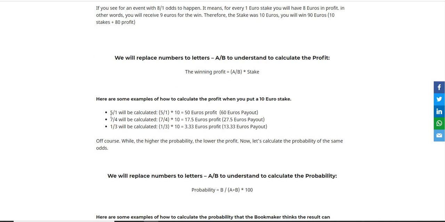It means that if the odds are 5 dash 1, you do 5 divided by 1 multiplied by 10, which means 50 euros profit and 60 euros payout. For 7-4, it means 7 divided by 4, multiplied by 10, and for every 10 euros, you will get 17.50 profit, and the payout will be 27.50.